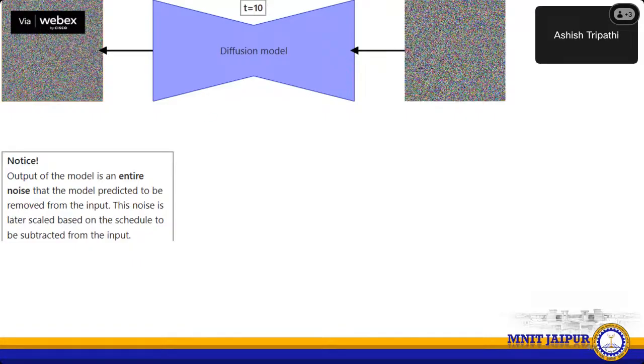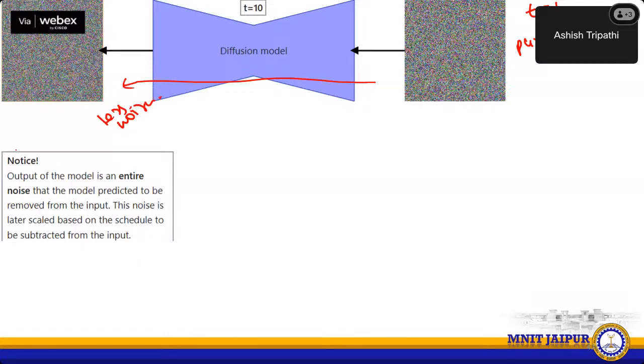What input is this diffusion model getting in the very first iteration, t equal to 1? It is getting pure noise. And what is this diffusion model doing? It is converting this pure noise, or more noisy image, to a less noisy image.